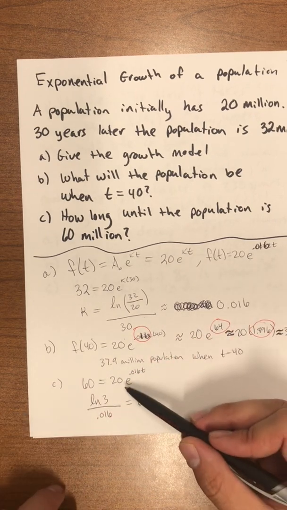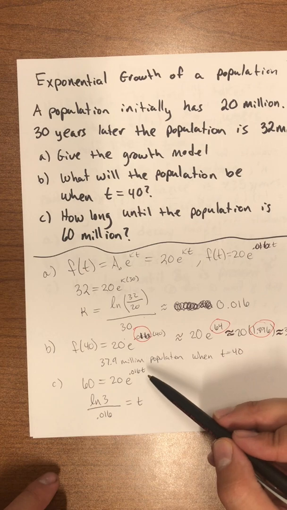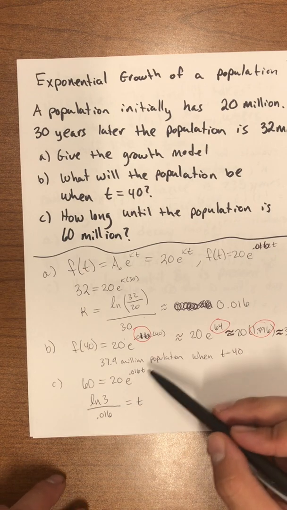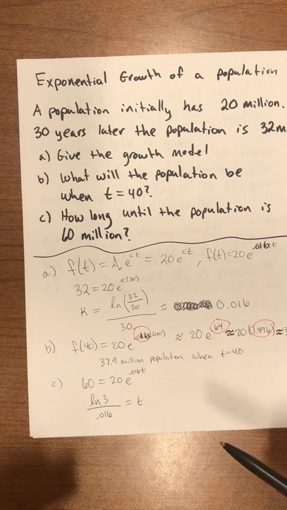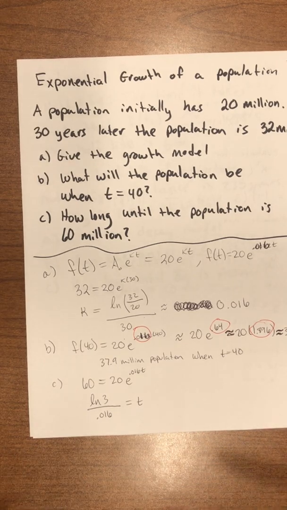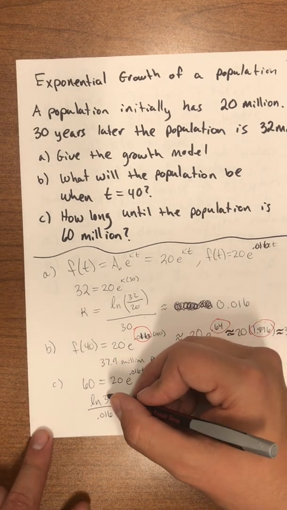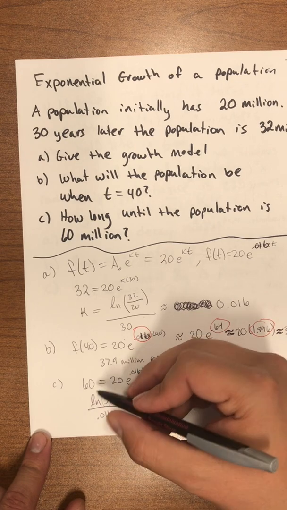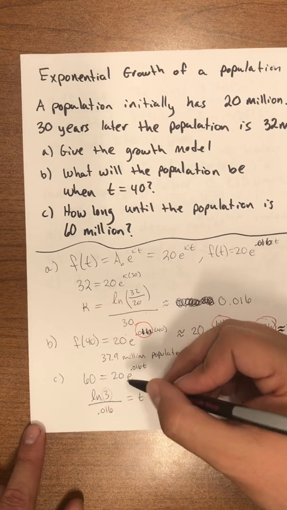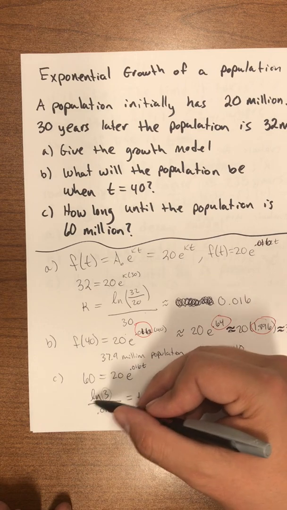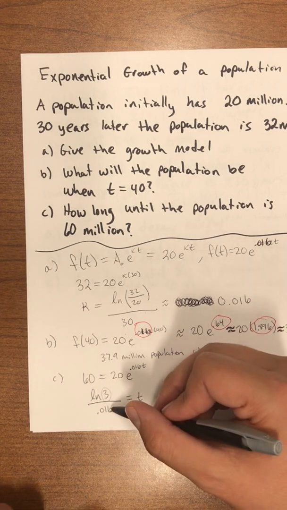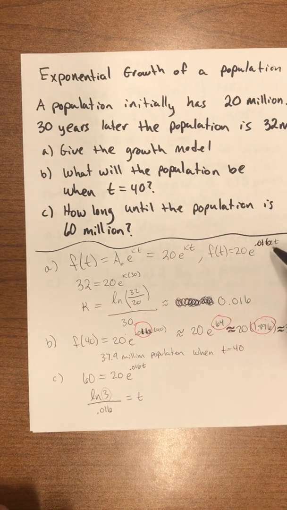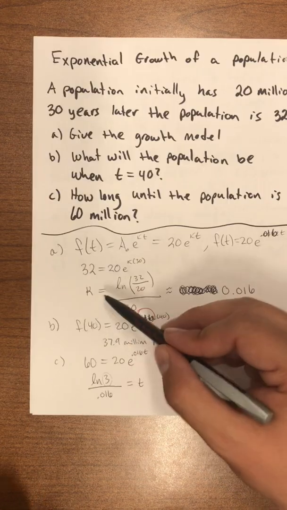If you were going to show every step, you would divide by 20, take the natural log of both sides, and then divide by 0.016. However, we know that if it's double, triple, quadruple, whatever, since it says triple, the formula is always going to end up being the same. Natural log of 3 divided by whatever the constant is. If it's compound interest, we specifically call that rate. In this case, we call it just a constant k.